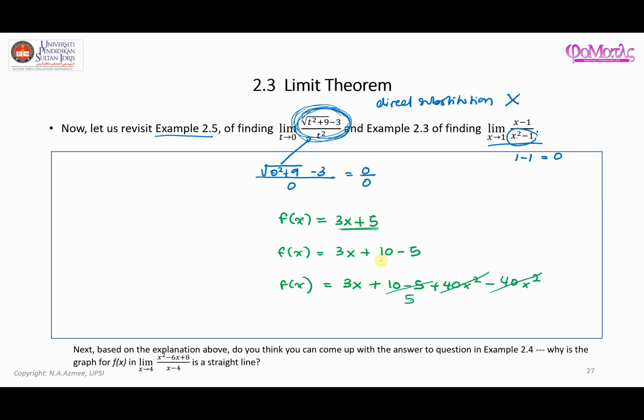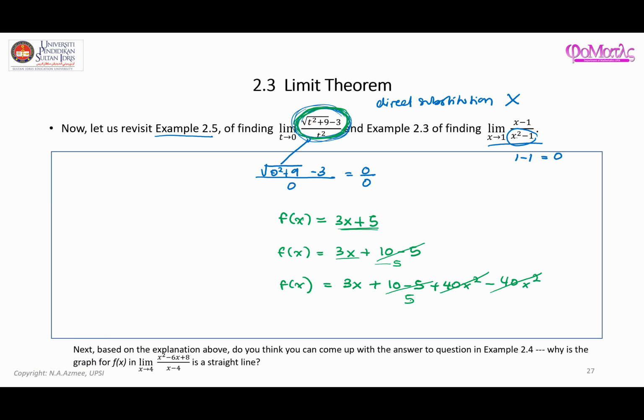So that is what I mean when I say we are going to change the look to something else, but the original function is still there, just with a different look.